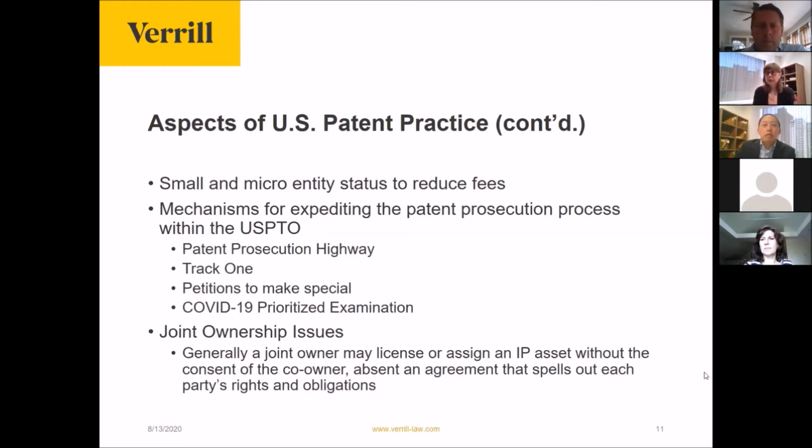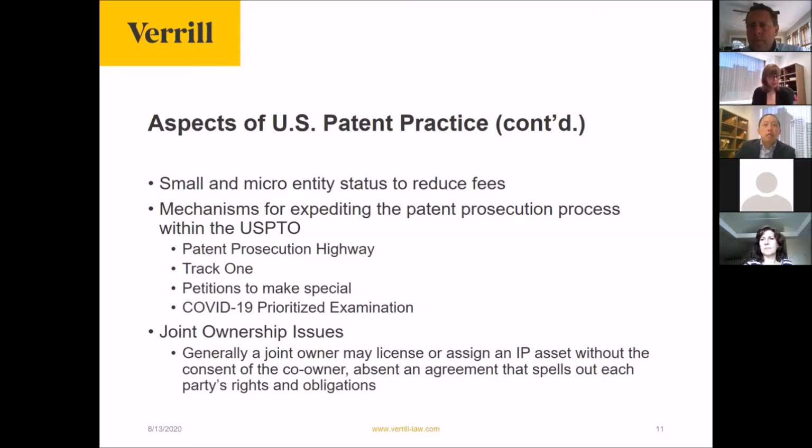And also, very recently, there is an opportunity to file for prioritized examination for certain inventions related to COVID-19, some products and processes related to COVID-19. There's an additional requirement that they must also be subject to an FDA approval for those products or processes for COVID-19 use.